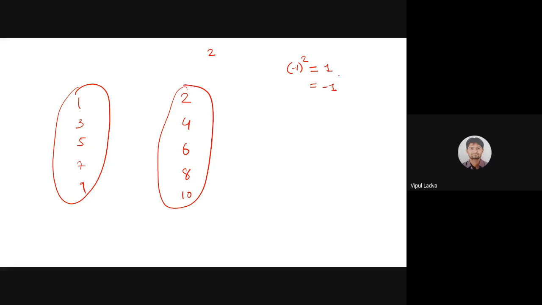Suppose I'm determining whether m is even or odd, then I represent m as a power of -1. If my answer is +1, then we may conclude m is even. And if my answer is -1, then we may conclude m is odd. This is the actual definition of even and odd numbers.